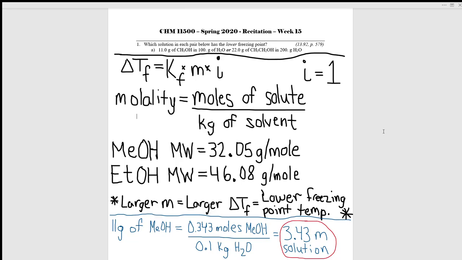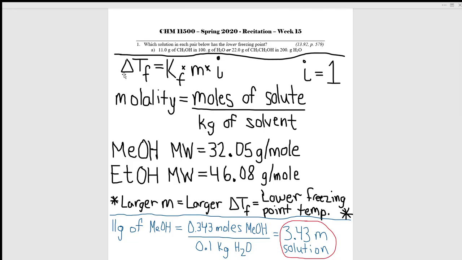Now, in order to compare the freezing points of each of these solutions, we need two important equations: the molality for the solution and also the delta T_F equation. You'll notice here on the top left that I've written that delta T_F is equal to K_F times m times i, where delta T_F represents the decrease in the freezing point temperature of the solution.